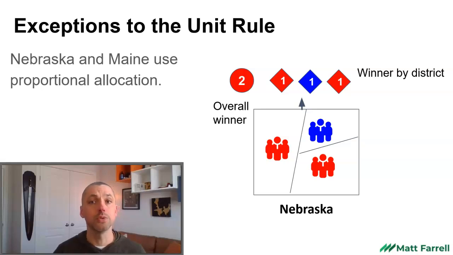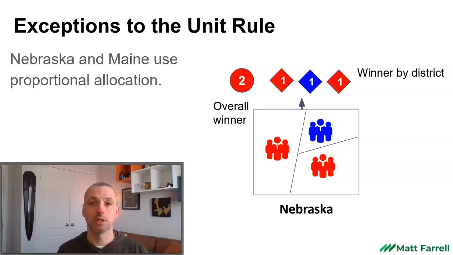Now, there are 2 exceptions to the unit rule. Nebraska and Maine use what's called a proportional allocation of their electoral votes. How does that work? Well, they count up all the votes in the state and they give 2 points to the candidate that gets the most votes in the state. So that's the overall winner. Now, they also look at which candidate got the most votes in each congressional district.